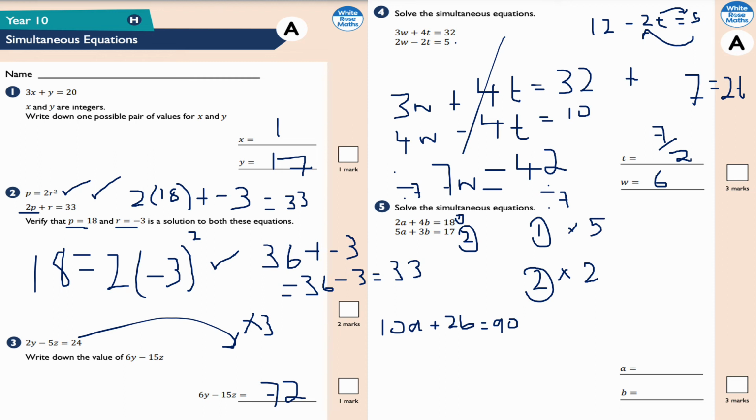Times by 10 is 180, and then half of 180 is 90. A little cheat code there.